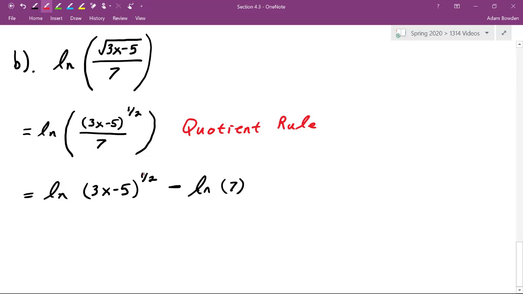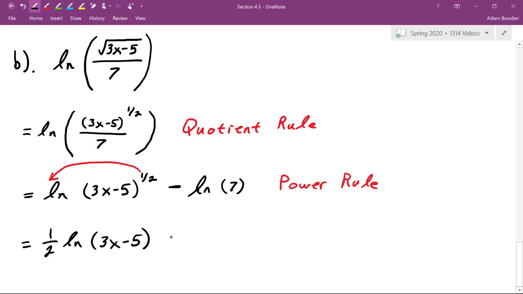Then this 1/2 on top, by the power rule, we can move that to the front. And so this would change it into 1/2 ln(3x minus 5) minus ln 7. And that's as far as we can go when expanding the logarithms.